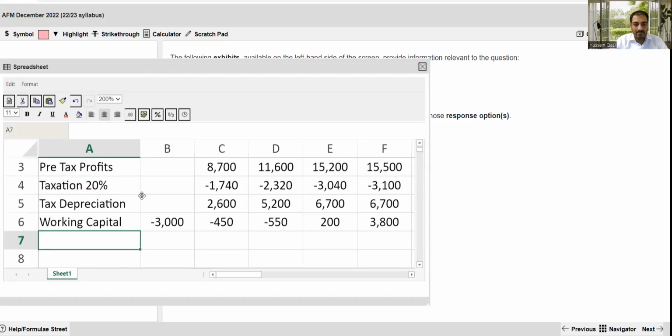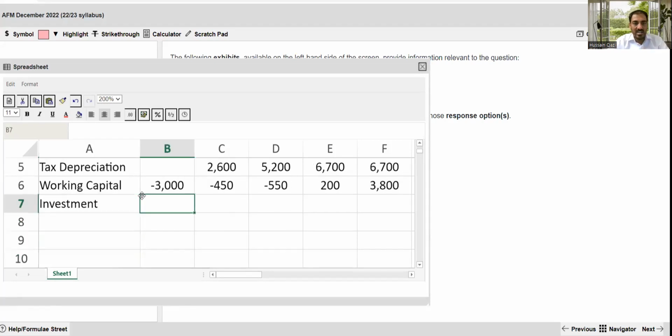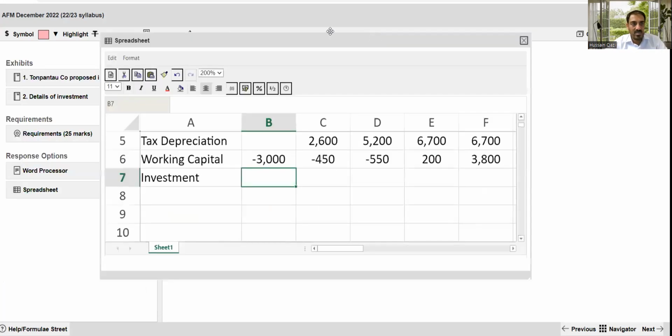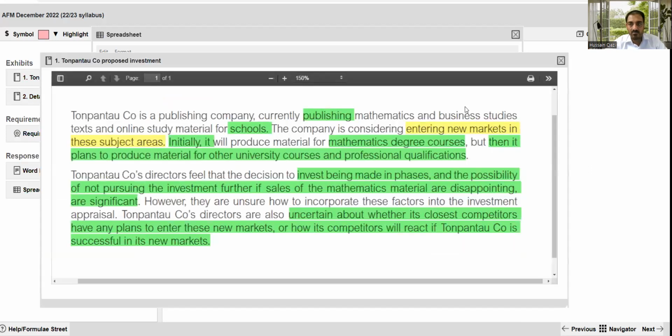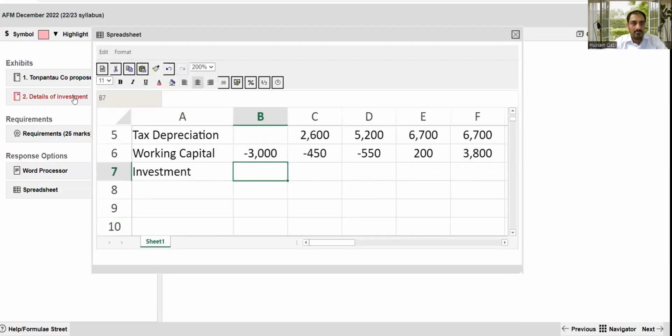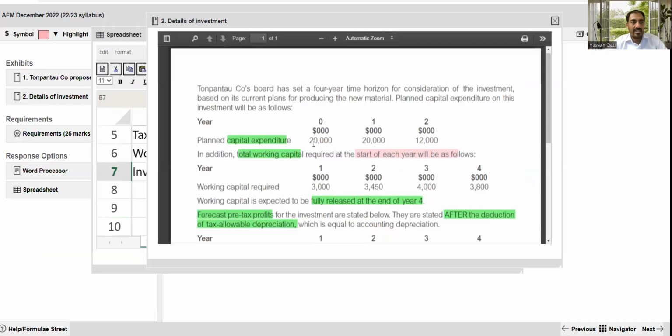Then investment. How much investment is required? That's 20,000 in year 0, year 1 20,000, year 2 12,000. That is the point.